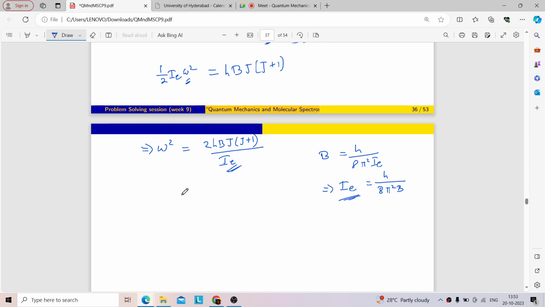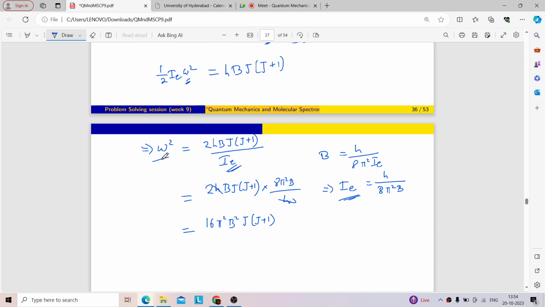Now I can substitute this I in this equation. So this will give me 2hB J into J plus 1 times 8 pi square B over h. So h is cancelled. I'll have 16 pi square B square times J into J plus 1.